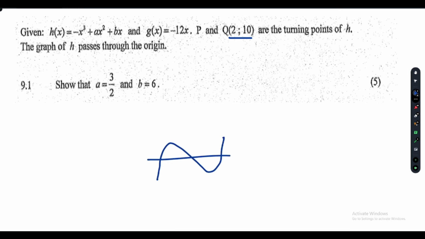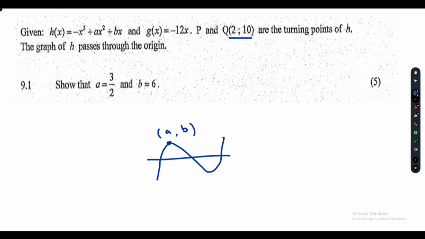Now, if I happen to draw just a rough sketch of a cubic graph, and let's say I focus on this coordinate, the turning point. Let's say I give it values a and b.